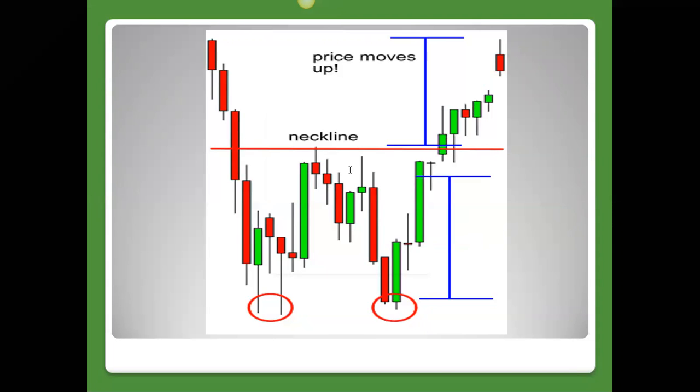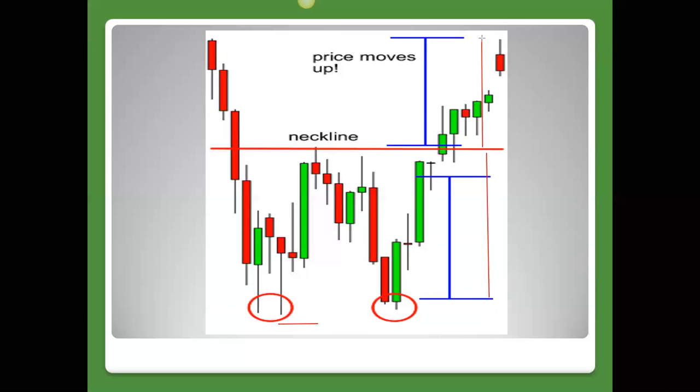So when I talk about a 1-to-1 risk to reward ratio, what I'm talking about is if you are placing your trade here, for example, if placing your stop loss here, for example. So let's say your stop loss to your entry is, let's say, 25 pips, right? And then your target will be 25 pips as well. So that's what makes it 1-to-1.